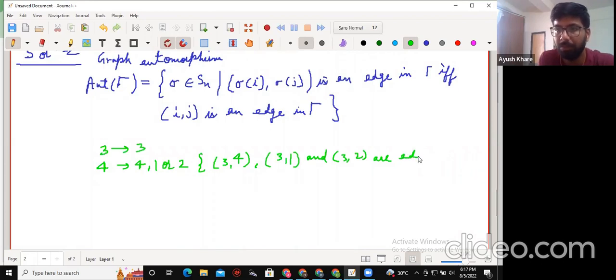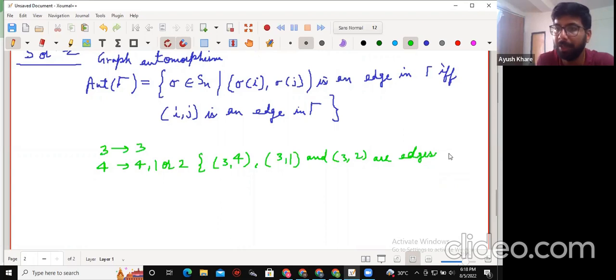So your graph automorphism should preserve the set of edges. That's why whatever element of Sn you take, it should send 4 to either 4 itself or 1 or 2. Similarly, your automorphism should permute these three symbols, 4, 1, and 2.